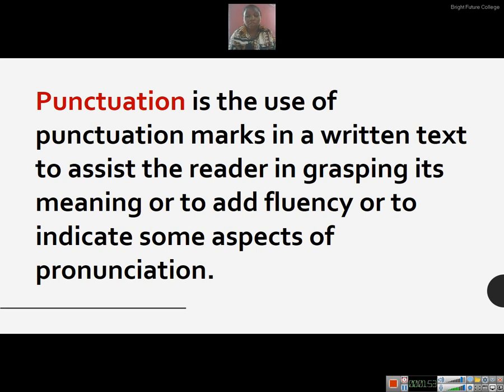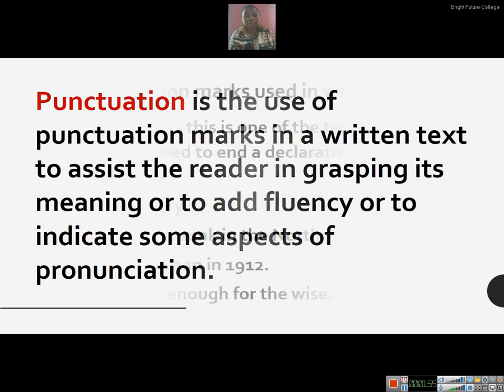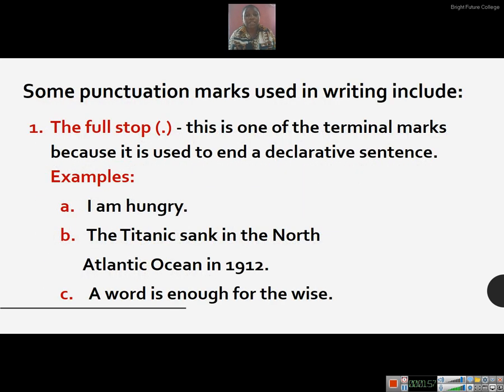So we are going to see some types of punctuation marks and their uses. Now, the first and one of the most important punctuation marks is the full stop. The full stop is also called a period, and that is the mark of the full stop there. You can see it in brackets. That is the full stop. It is called a terminal mark.